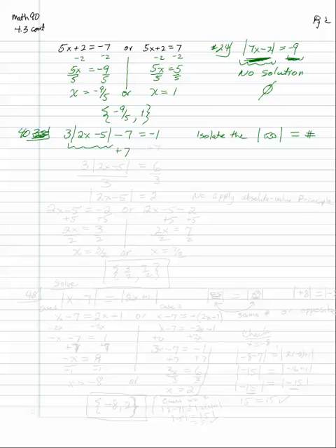So I'm going to add 7 to both sides, just kind of pretending like that was a big W or something. So I have 3 absolute value of 2x minus 5 equals 6. Now I'm going to divide both sides by 3 to get the absolute value by itself. Now once the absolute value is by itself, now you can apply the rule.